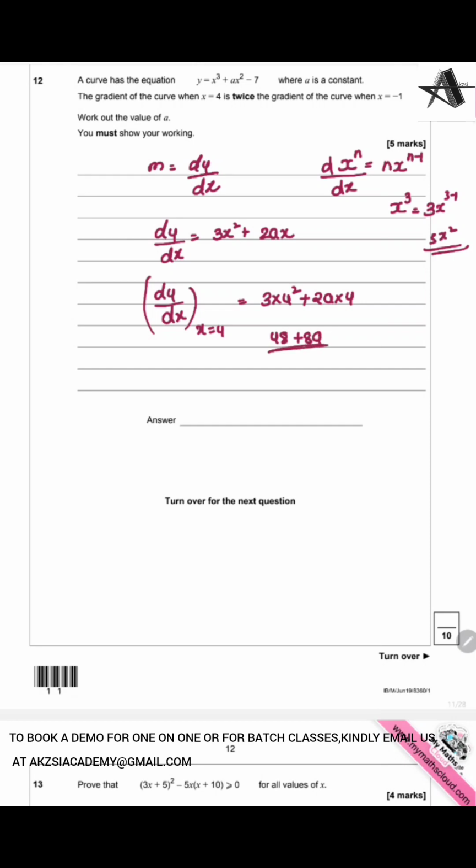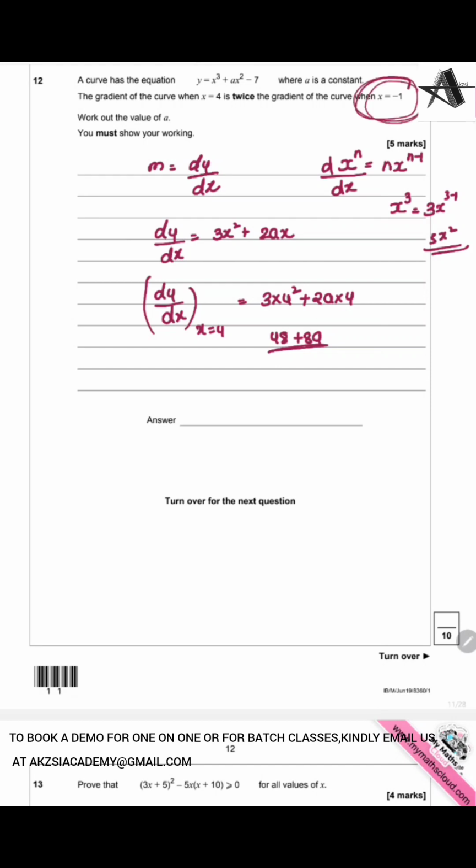Now we have to calculate the gradient of the curve when x equals negative 1. If it says the gradient is at x equals something, that means whatever your gradient function comes out, you have to put that value of x in. Here I put x equals 4.